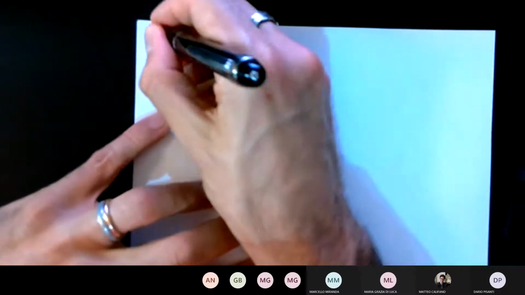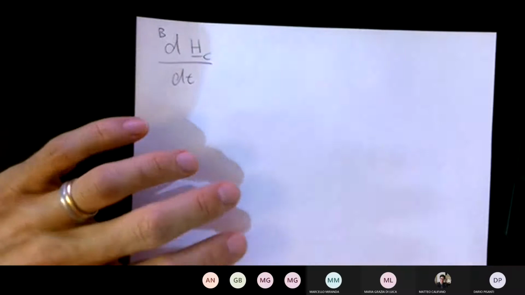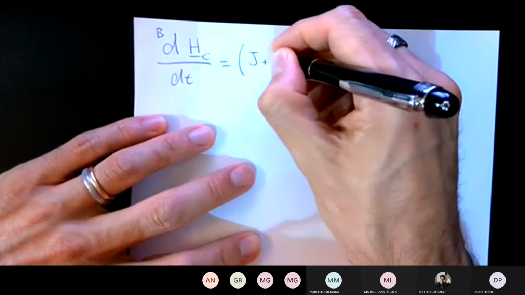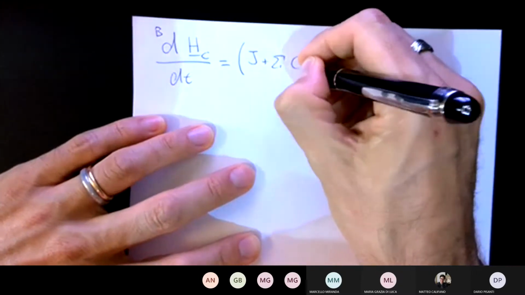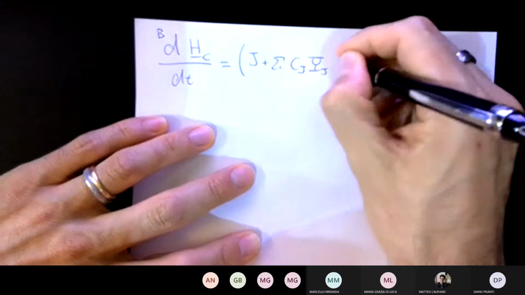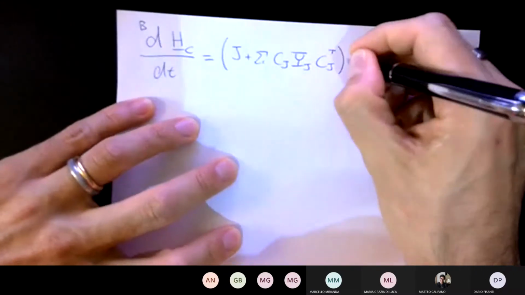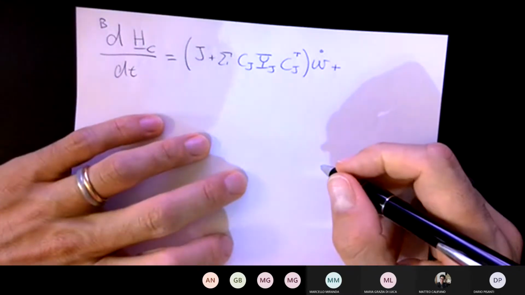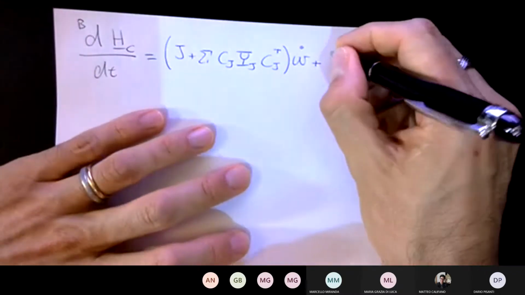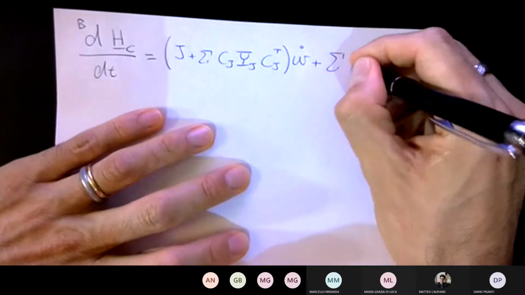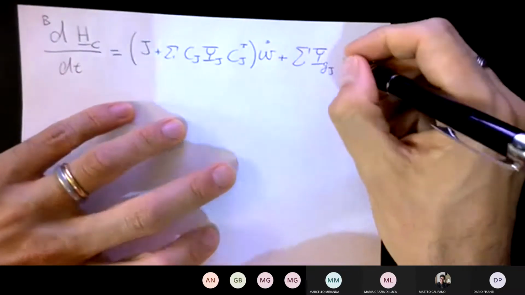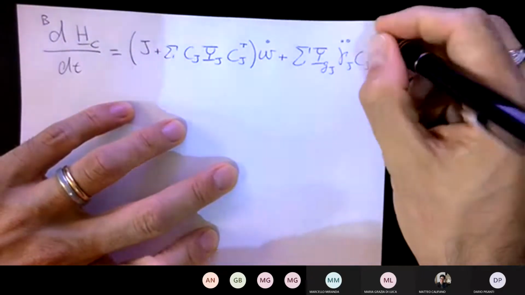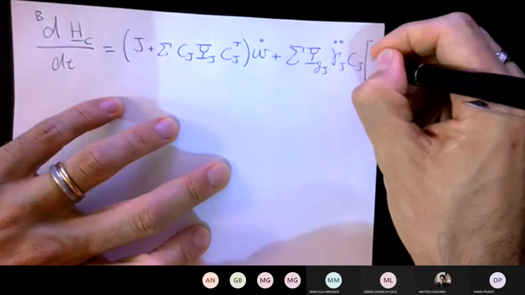So let's see what this is. Now this is going to be interesting and a lot of calculations. J plus the summation of the Cj's, Yj's times Cj transpose omega dot plus summations of the y about the gimbal axis gamma j double dot now, because I had a dot before, Cj that multiplies 1, 0, 0.